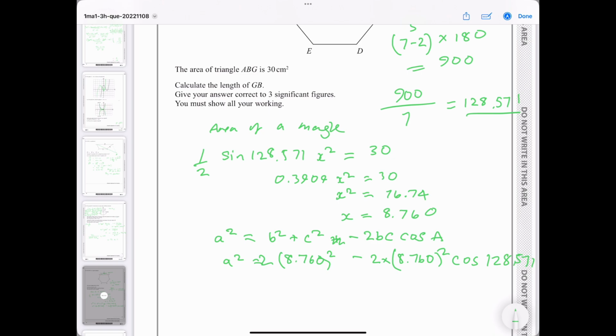Now, so that is pretty annoying because it means I have to do, and let me just see, answer squared times 2 equals, okay, so that's 153.4857 minus, and then let's do cos of 128.571, this might actually be minus, I don't know. Equals, it is a minus, times, I'm trying to think if this will work, answer.